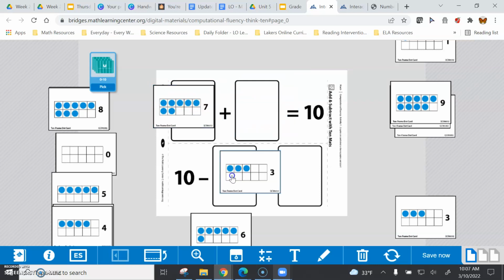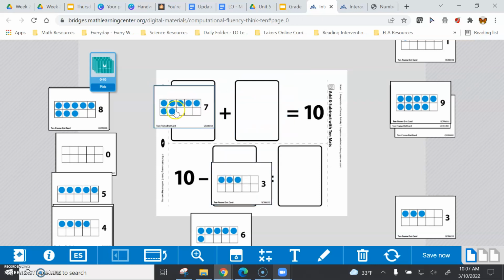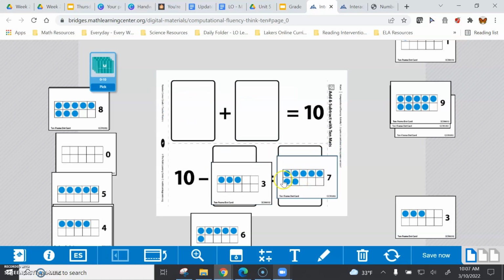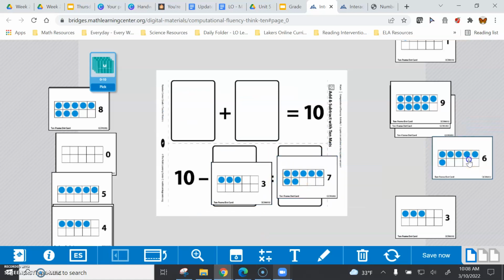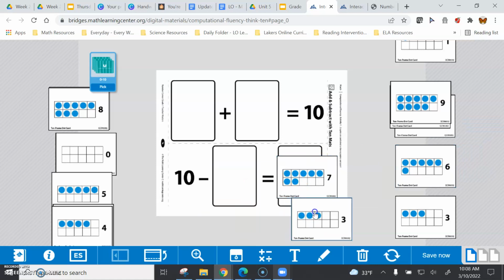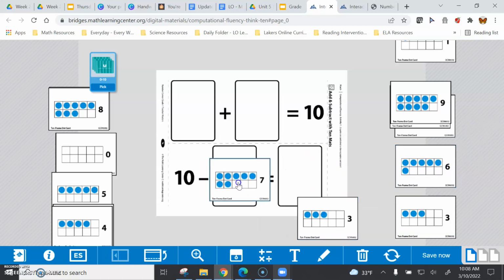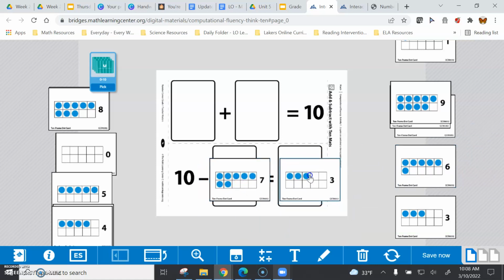We can then take 10 minus 3 equals 7, or turn it around some more and say 10 minus 7 equals 3. We literally turn the number around to show what's in the front is in the back and so on.